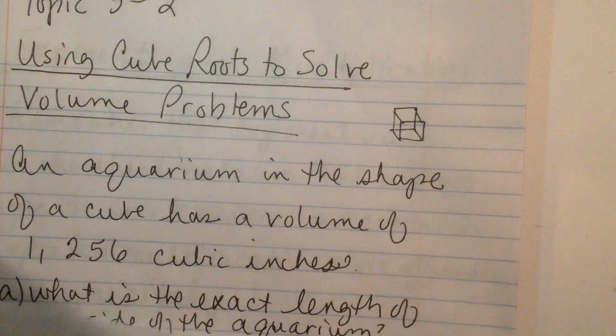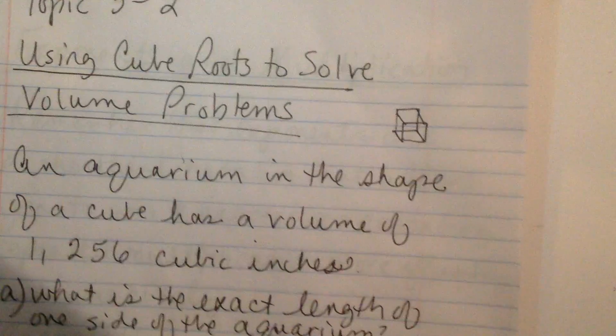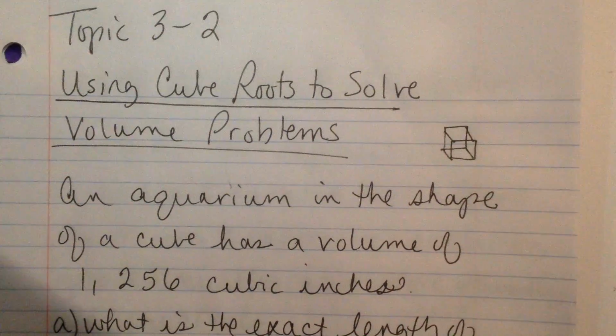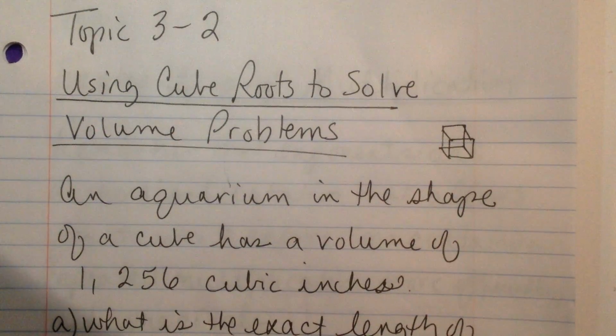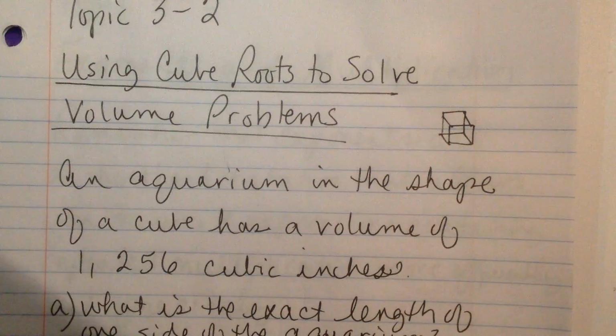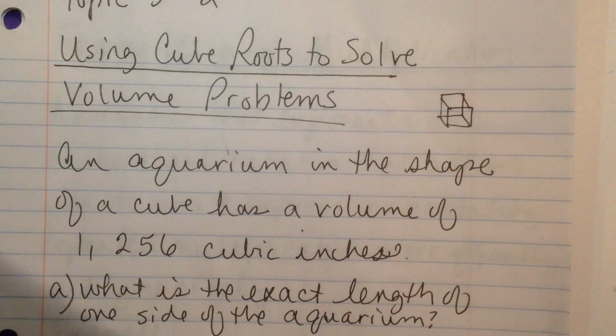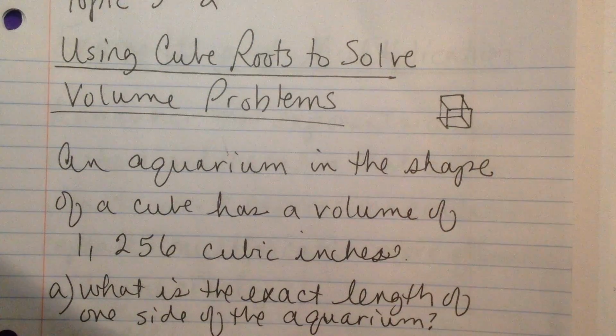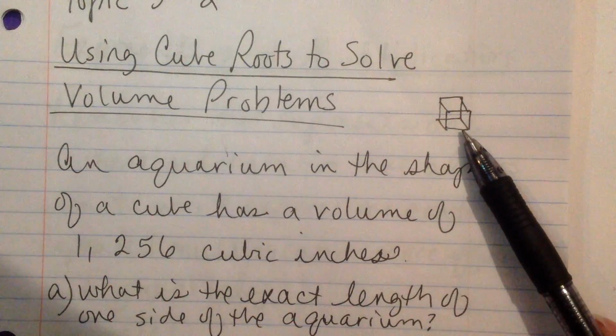Let's look at another problem involving cube roots. Using cube roots to solve volume problems. An aquarium in the shape of a cube has a volume of 1,256 cubic inches. I've drawn a cube.